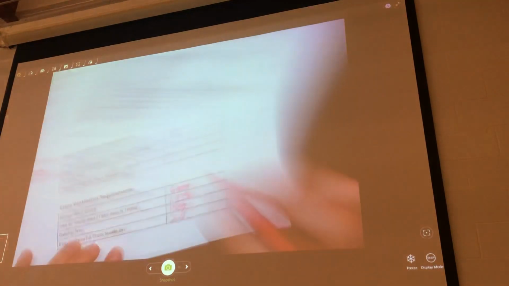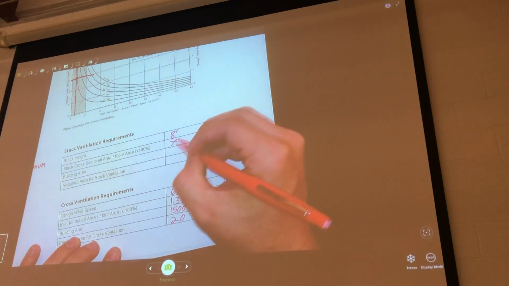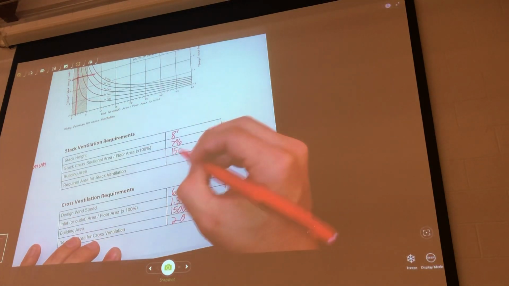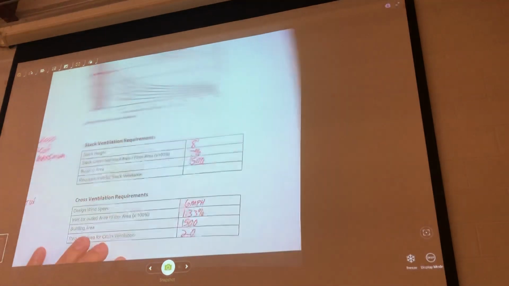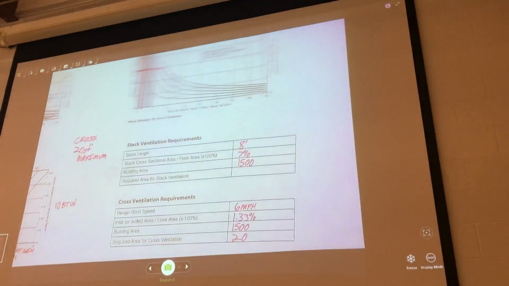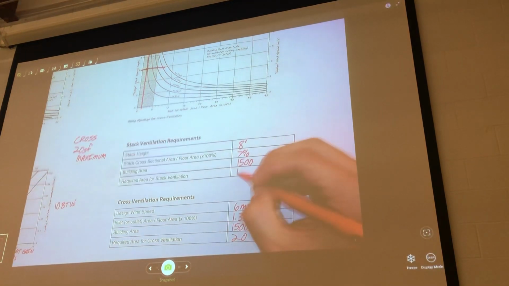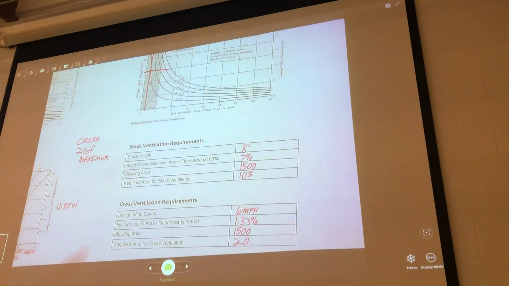That tells us that we need 7%. Our building area is still 1,500 square feet. That tells us that we're going to need 105 square feet worth of stack ventilation.